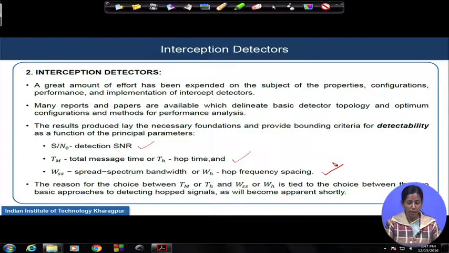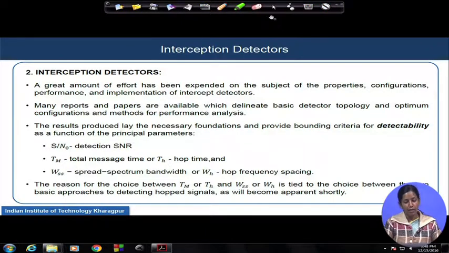Whether you choose TM or TH, and WSS or WH, that is between these two basic approaches to detecting the hop signals, which will become clear shortly when we go in depth. Whether we go ahead with the design with TM or TH or WSS or WH, which will be better for the design of the interceptor detectors, we will know shortly.